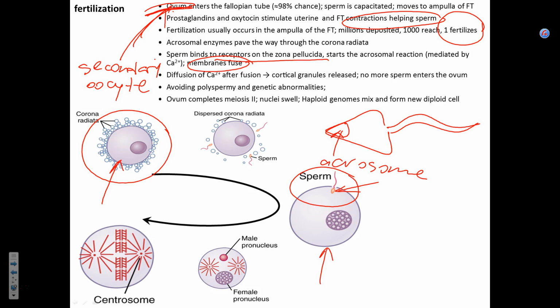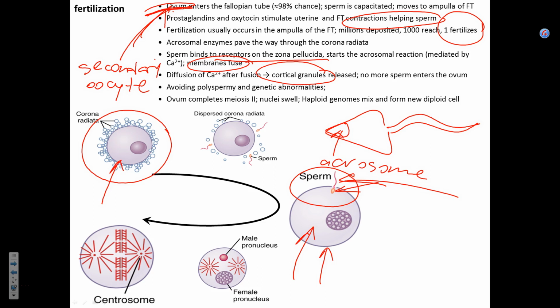Now, a really interesting response that occurs in the now fertilized ovum is the release of so-called cortical granules from the cytoplasm of the oocyte. It is stimulated by increased calcium levels. The function of cortical granules is to shut the door behind that sperm cell.